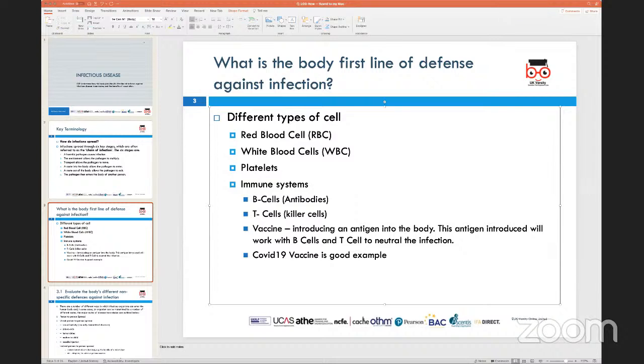And if the body does get infected, then the natural mechanism through which the body defends itself against a bacterium, a virus, a parasite, or any sort of fungus which can cause a disease is made up of different types of reactions which the body undertakes.